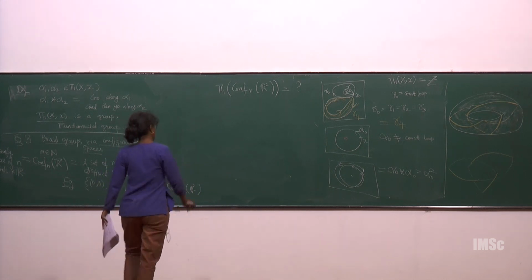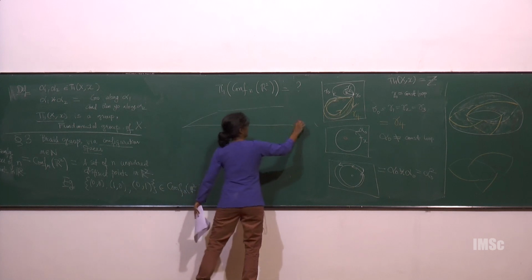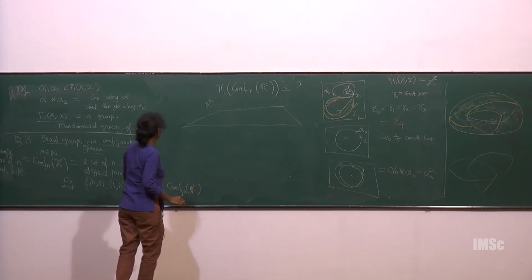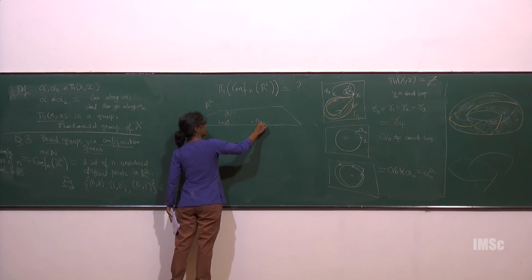Okay, so let's do that. So let me draw my R2 like this and just take these 3 points, (0,0), (0,1) and (1,0).